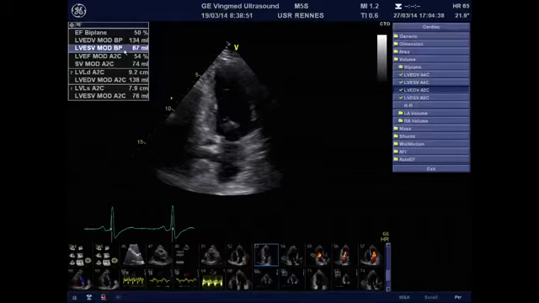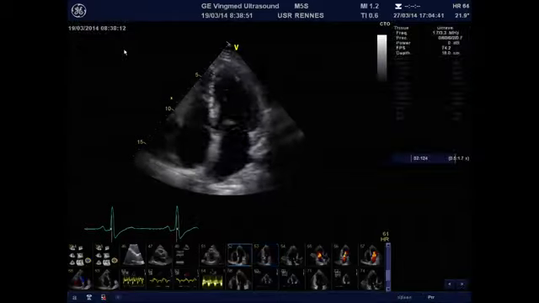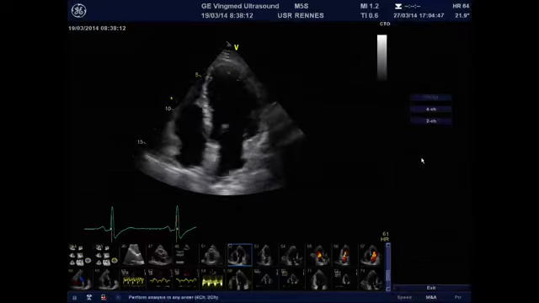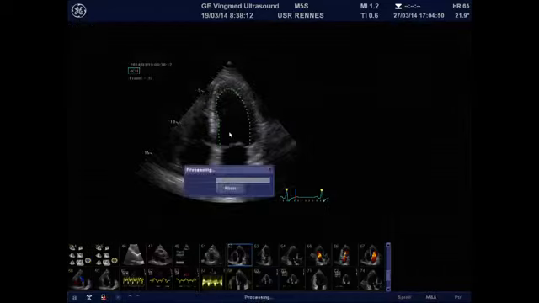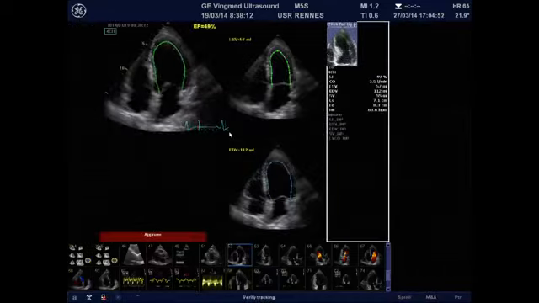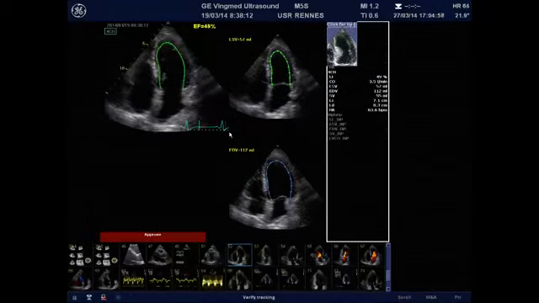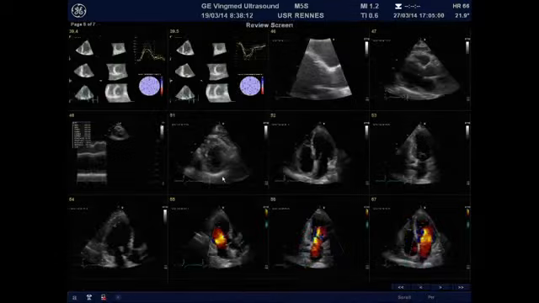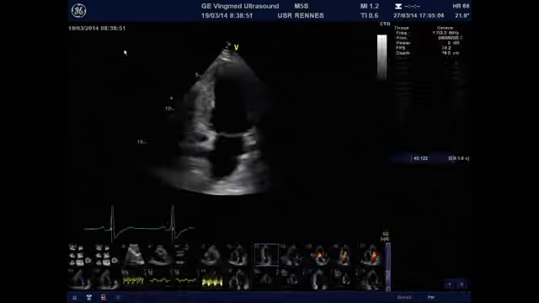We can also measure the LV ejection fraction using an automatic method with an automatic contour of the endocardium, and we will get this measurement very quickly in the four-chamber view, and we will do the same thing in the two-chamber view.